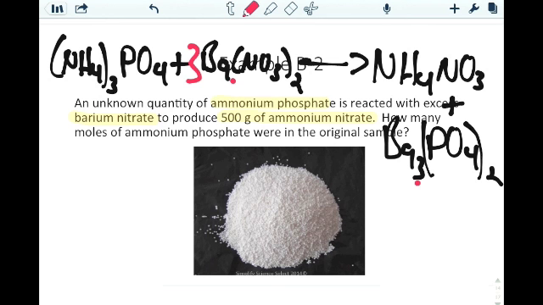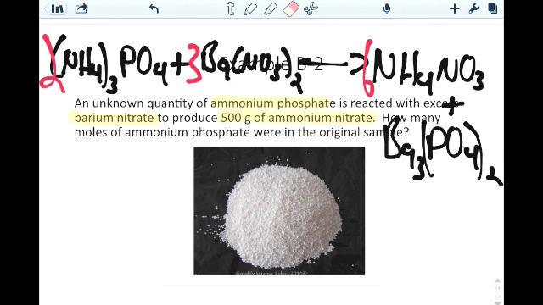Phosphate is 2 right here, but nitrate is going to be 2 times 3, which is 6. Either one, it really doesn't matter. We'll put a 6 right here to balance out the nitrates, and our ammonium needs to be 6, and our phosphate needs to be 2, so we'll put a 2 right there. So we get our nice, neat, balanced equation, which will give us our mole ratios, which we'll need a lot later.